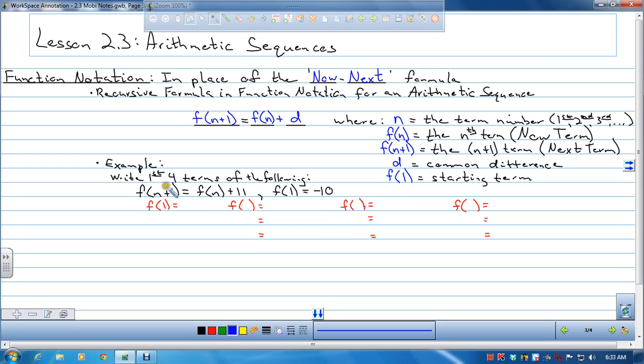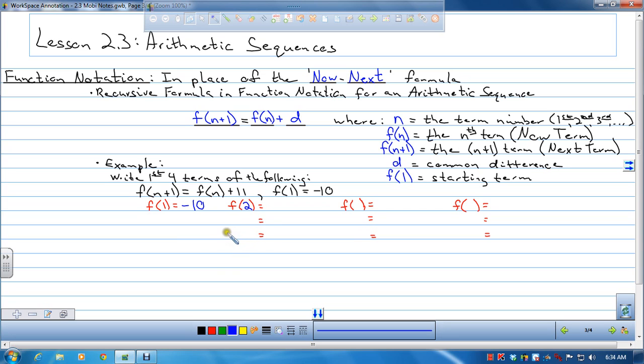So let's look at an example here. We're going to write the first 4 terms of the following. If we have f of n plus 1 equals f of n plus 11, when the first term is negative 10. Well, if we're going to write the first 4 terms, they've already given me the first term. That's easy enough. So in order to find the second term, what should go here?